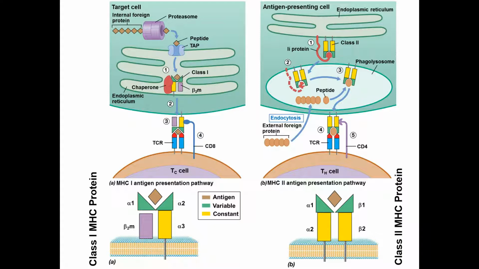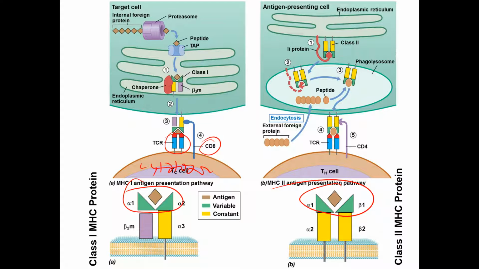You'll notice there's a similarity between your MHC protein molecules. They have a portion that sticks in the membrane, and then they have a variable portion that is presenting the antigen to your T cell receptors. Now, you'll also notice that your cytotoxic T cells, along with this T cell receptor, also have this CD8 co-receptor.